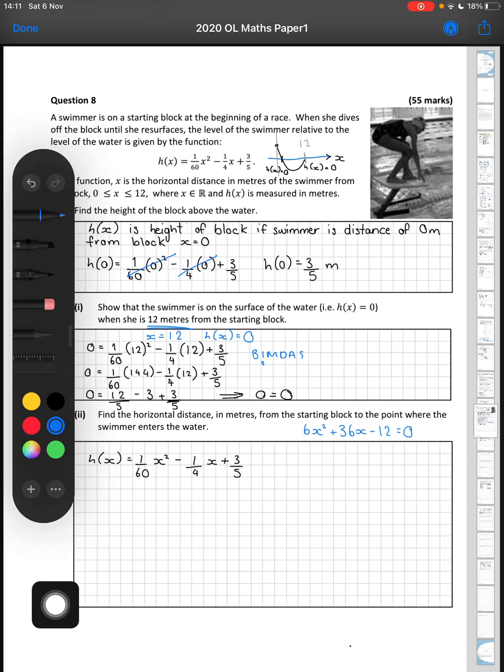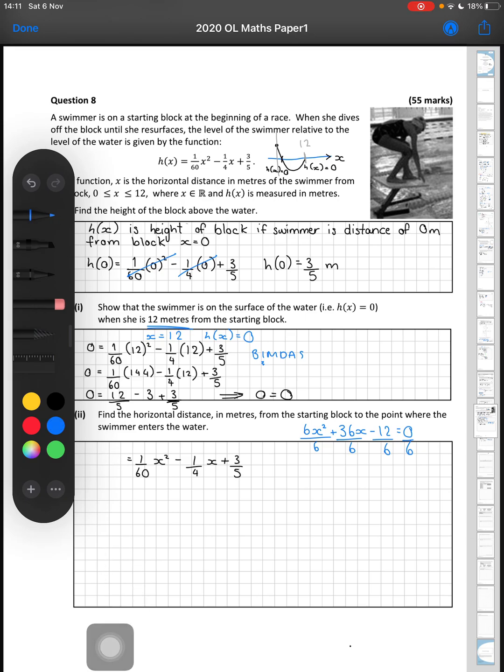Now just like if I had an equation like 6x squared plus 36x minus 12 is equal to 0, it's much easier for us if we can get rid of the coefficient of the x squared, that is, make it 1.